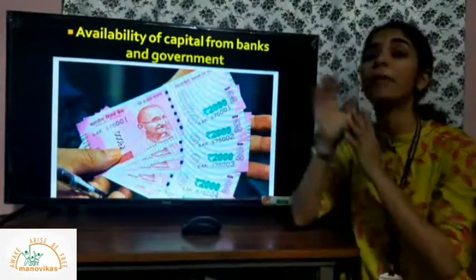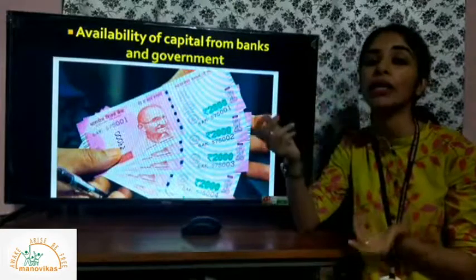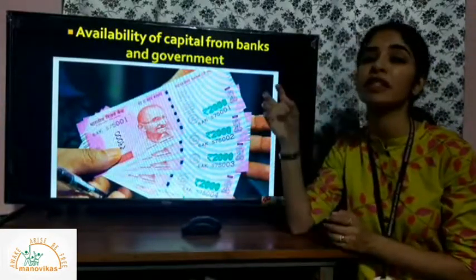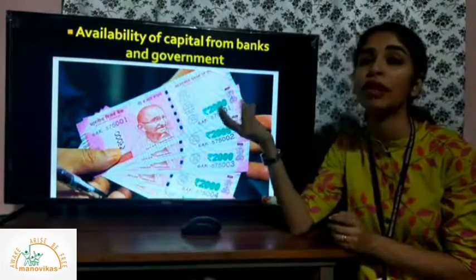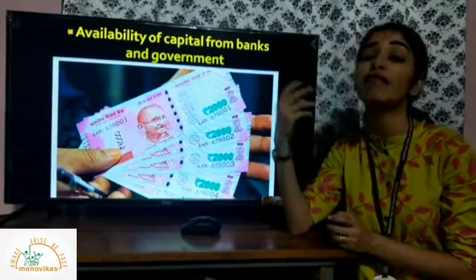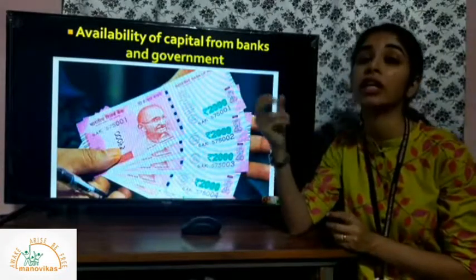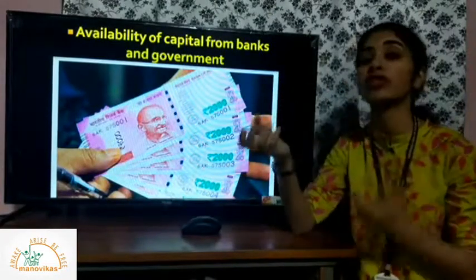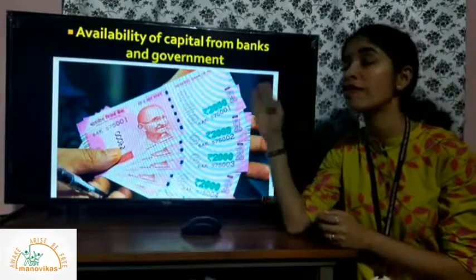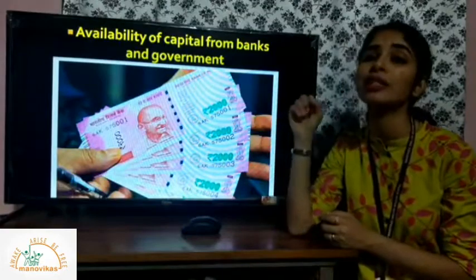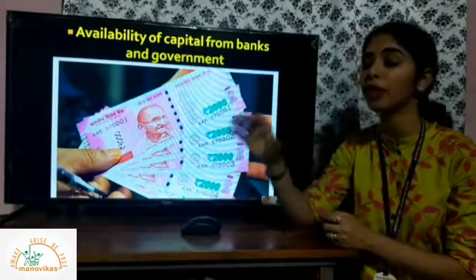So capital or finance or money is very much important, and that is why banking facilities should be available. Banking facilities with less interest, so that capitalists and industrialists get encouraged to come up with industries. So for that, banks should be available. Commerce should be easily functioning in that particular area.